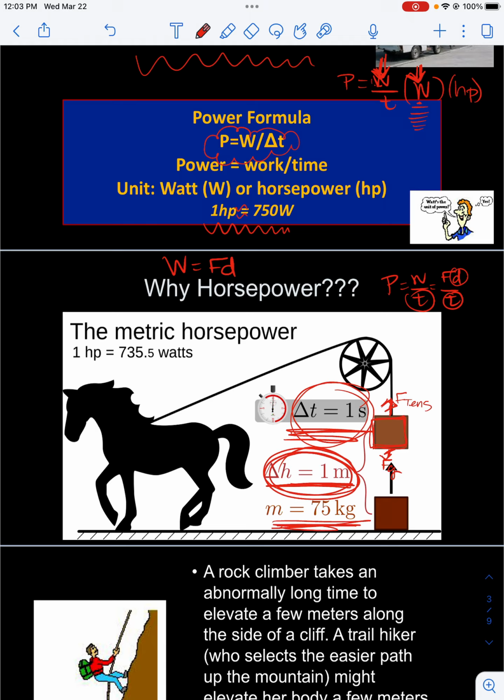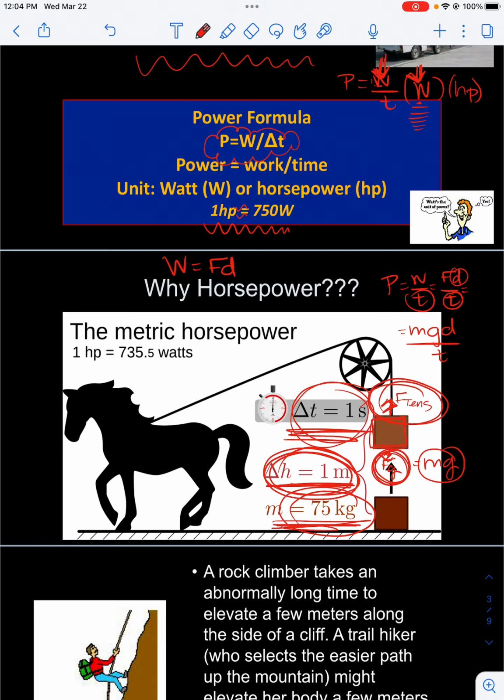But we don't have force, so we've got to do a little thinking. We are trying to find this force, but we know that force is equal to Fg, our weight. Fg is equal to mg, so we can sub this in for the force because they are balanced. We can break that down even further into mg times d over t.